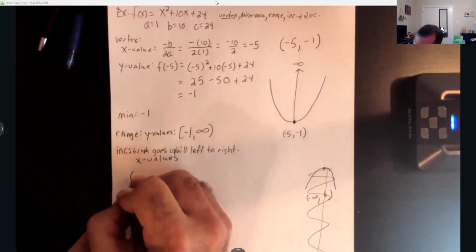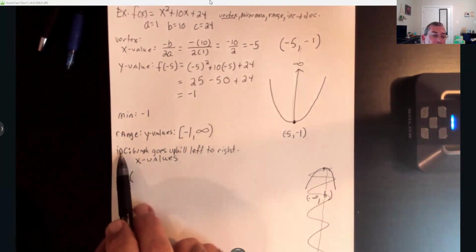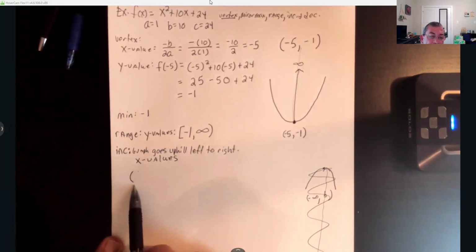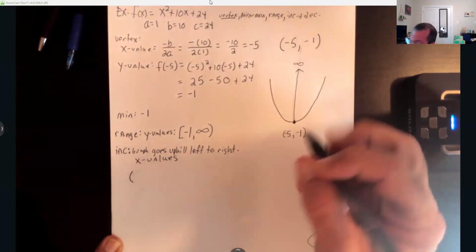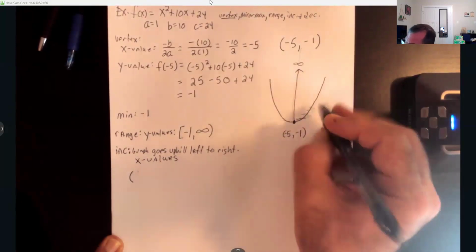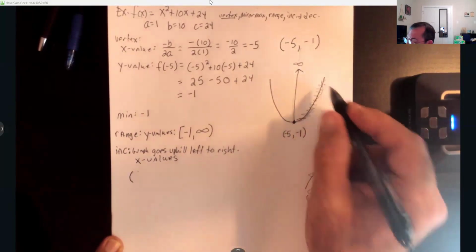So these will start with a curvy parenthesis. So intervals of increasing and decreasing always have parentheses. So what I look at, uphill left to right. So y'all, that's going to be this side of the graph. It's all going uphill as I move left to right.